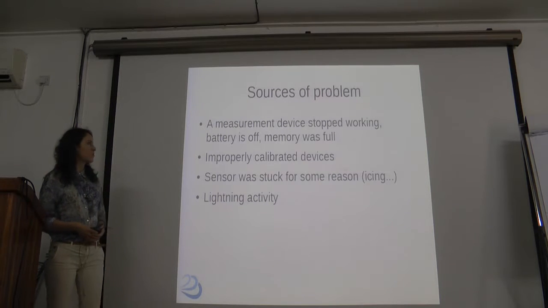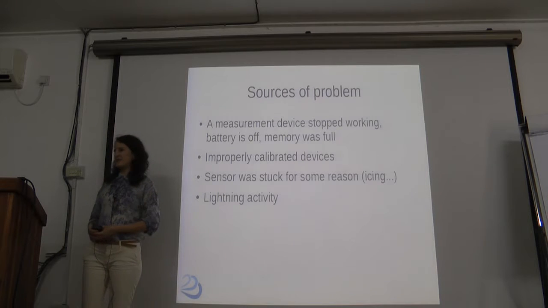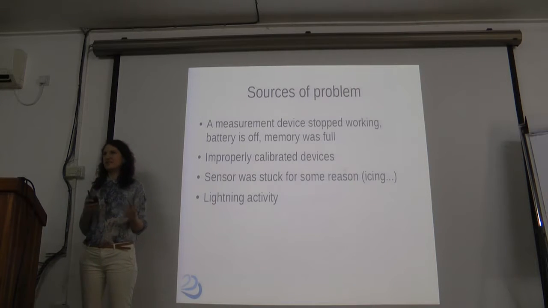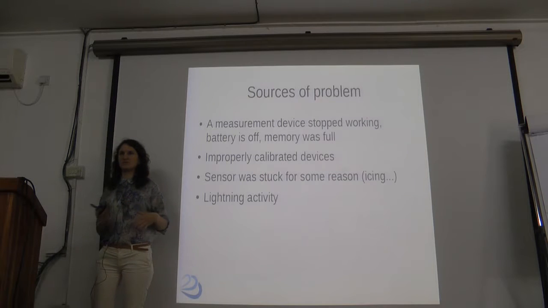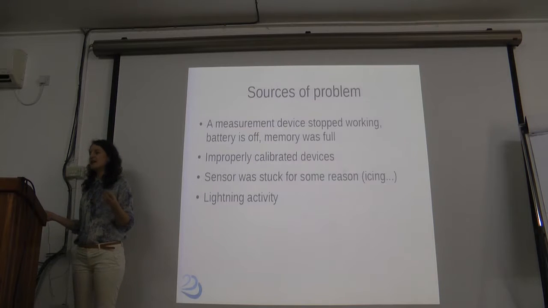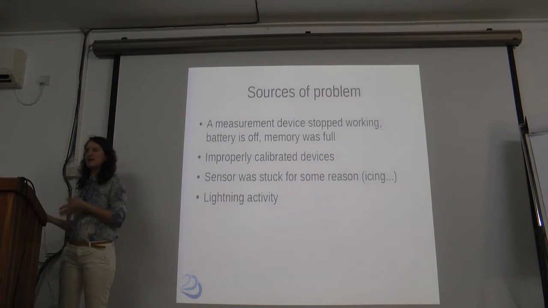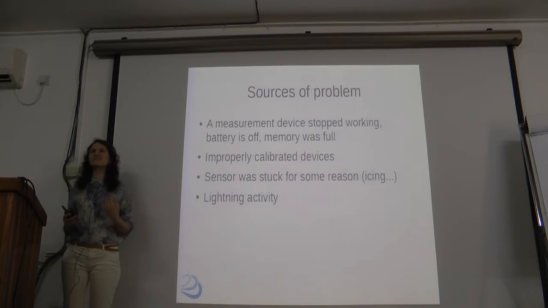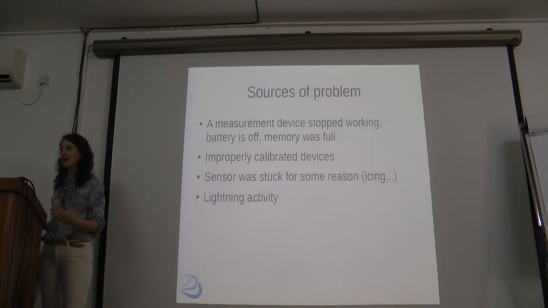Some of the sources of the problem could be that, for example, a measurement device stopped working for some reason: the battery is off, the memory was full, or the attachment of the cables is not proper, someone made a mistake. We can also have wrongly calibrated devices, so the output range that the measurement device produces is not the one that would reflect the real state of the process that it's measuring.